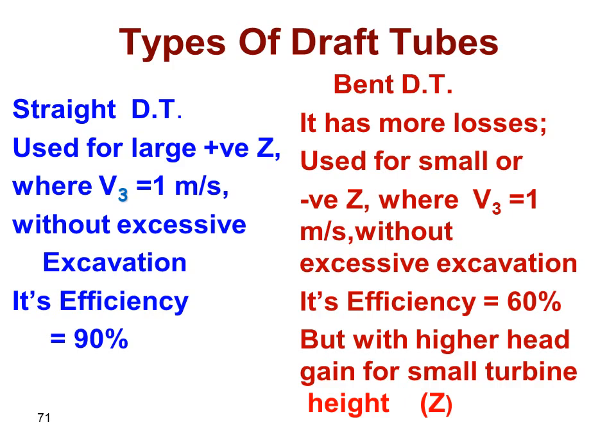In this case, the bent draft tube has more losses than the straight draft tube due to the existence of the bend itself. But as we see here, the efficiency could be 60%, while for the straight one, it can reach 90%. But the head gain in this case is higher. We are interested in the head gain.